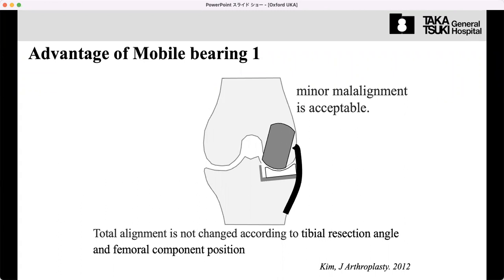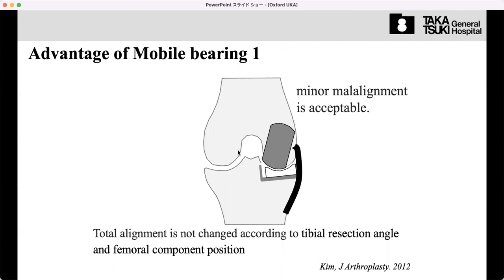Furthermore, total alignment is not changed by the tibial resection angle or the femoral component position. Sometimes this is misunderstood. Some fixed bearing users say that if you cut the tibia in varus, the total leg alignment becomes varus, but it is completely wrong.